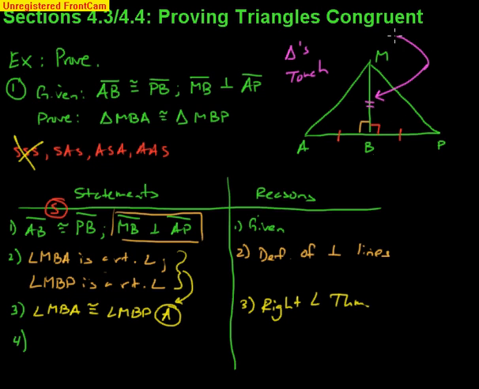Since the triangles touch, this side is congruent to itself. And that's the third side we need from each triangle. We say that side MB is congruent to side MB. It's used twice.